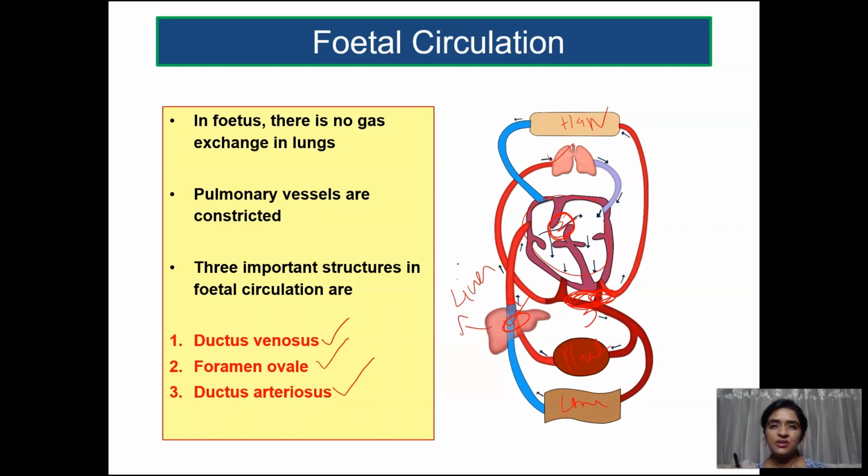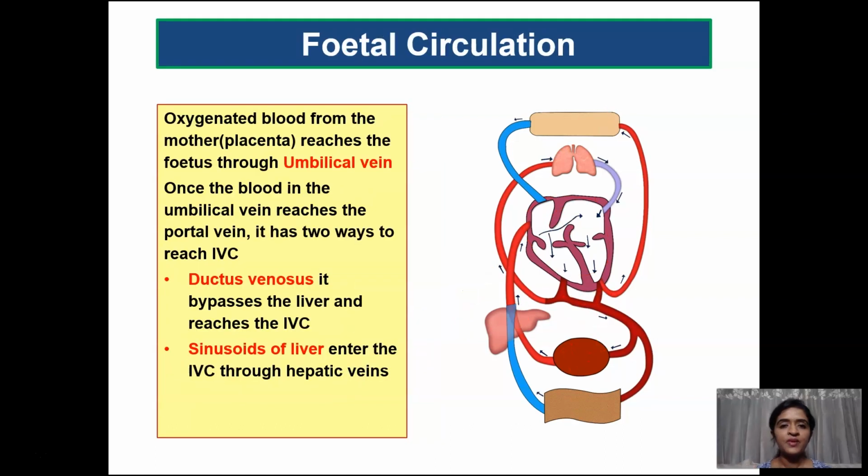Okay, so this is just an outline of this diagram. When we discuss about fetal circulation in detail, I will be mentioning each and every component of the fetal circulation. So when you're asked to write about fetal circulation, these 3 points, ductus venosus here, foramen ovale, and ductus arteriosus, these 3 points should come into your mind.